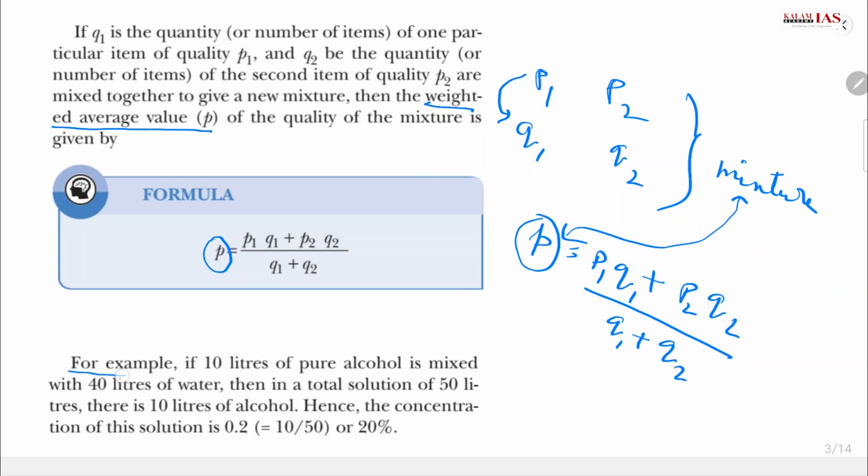For example, we take 10 liters of pure alcohol. We have alcohol and water. We are taking 10 liters of alcohol and then 40 liters of water. So if we combine them, the total solution will be 50 liters.